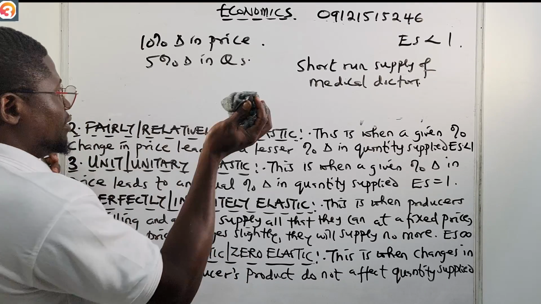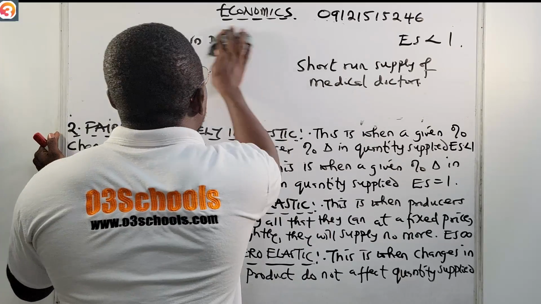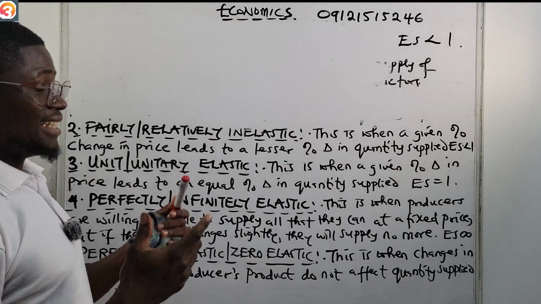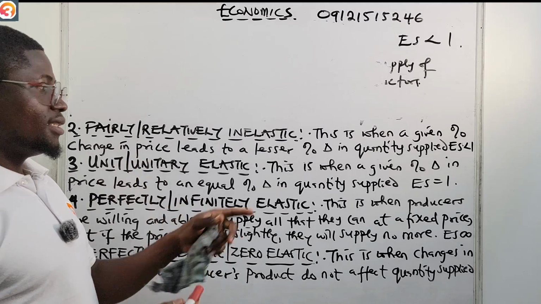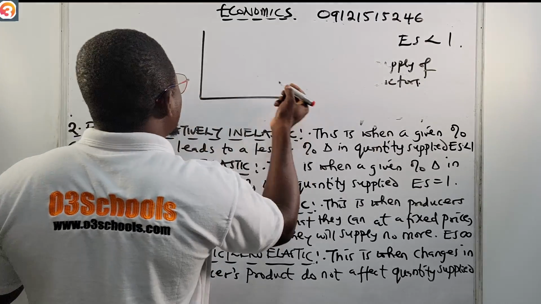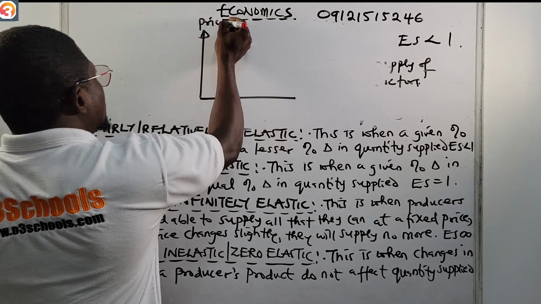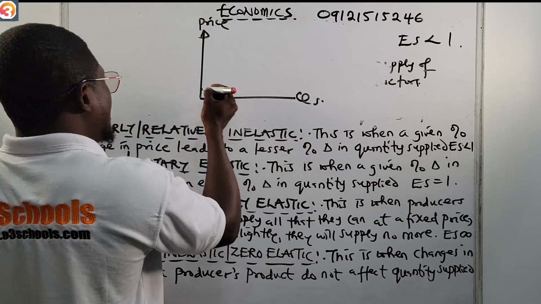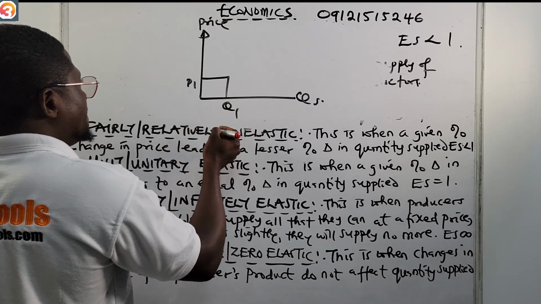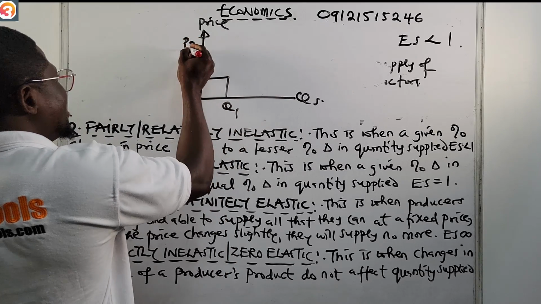Now we have seen the example, let us see the graph of fairly or relatively inelastic supply. Since the percentage change in price is greater, we're going to have something like this. Just understand the graph, it's very easy. Price on one axis, quantity supplied on the other. When price is P1, this was the quantity supplied. The percentage change in price is greater.